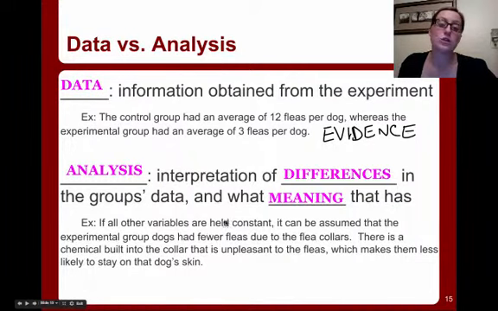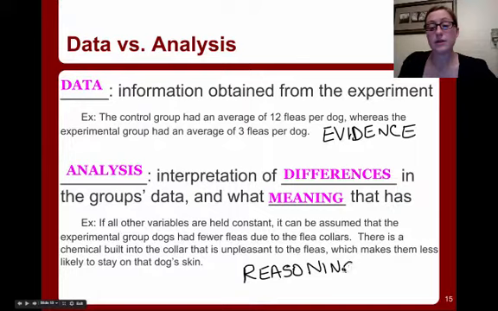So you need to start to provide some reasoning for the evidence that you obtained. It doesn't help your claim to just say, well, these are the results and that is that. You have to back it up and explain why the results you got makes sense, what meaning it has. So here's an example. Why do you think there would be a difference?